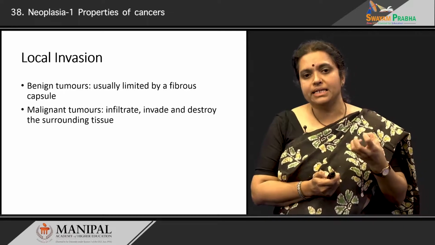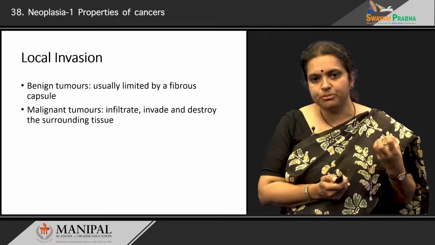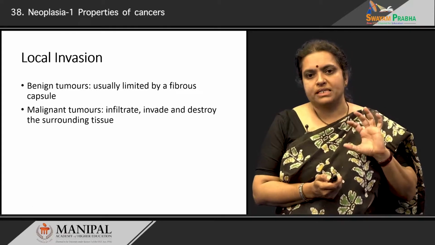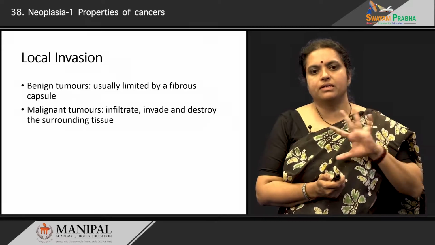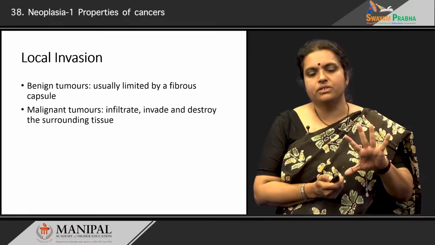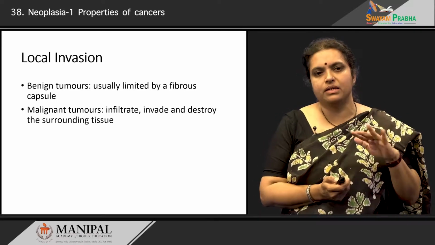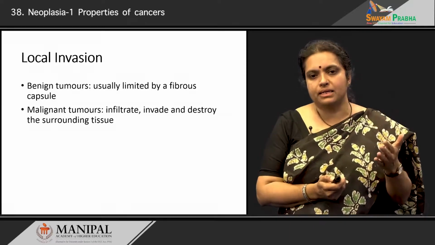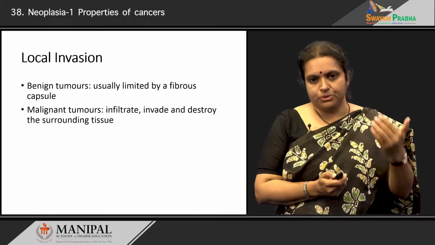That is why you can easily remove a benign tumor, whereas a malignant tumor throws its fingers all around into the stroma, and it is very difficult to get a normal plane between the tumor and the surrounding tissue to take it out.